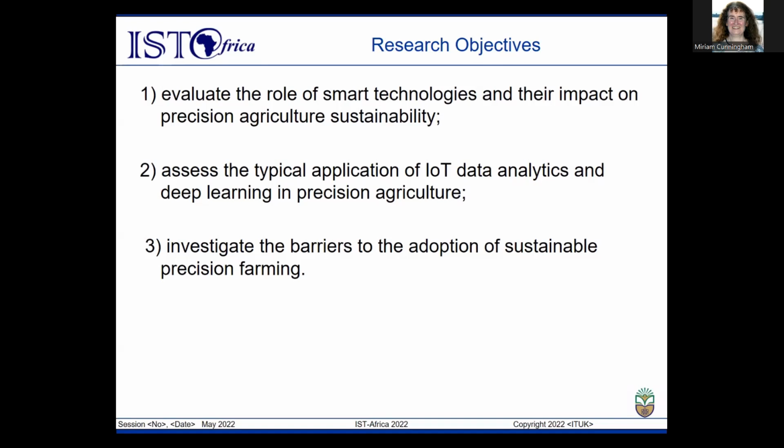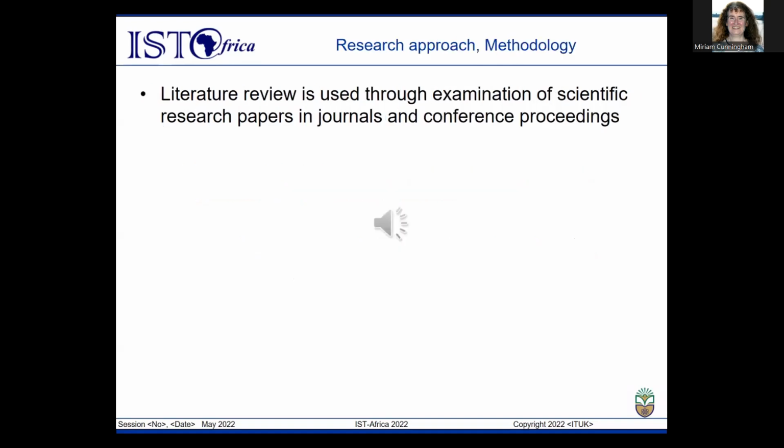And finally, to look into the obstacles to the adoption of sustainable precision farming. The research approach and methodology: a literature review was conducted by examining scientific research papers published in journals and conference proceedings.